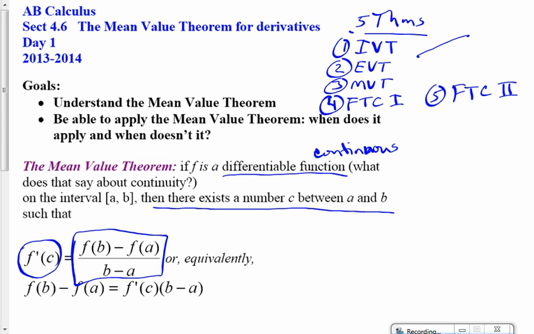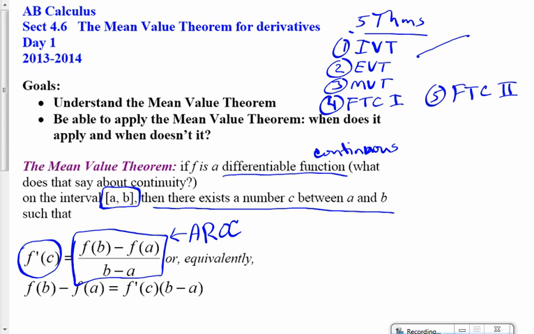Not pre-derivative in the sense that it existed before, but it's something that we practiced before we actually got to the derivative. It is the slope of what? It is the slope of the secant over the interval AB, which is defined as, let's go back to chapter 2, the average rate of change of the function, right?